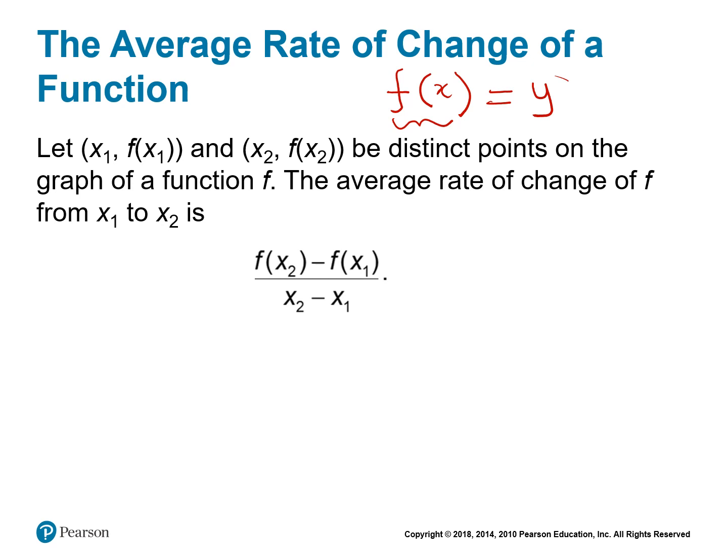So we know that the slope of a line is y2 minus y1 divided by x2 minus x1.